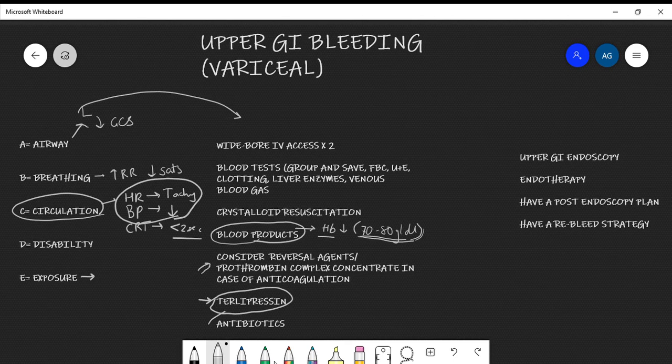Antibiotics are commonly used in variceal bleeds, because studies and meta-analyses in the past have shown that use of broad-spectrum antibiotics in patients with variceal bleed reduces the risk of systemic bacteremia and infections.